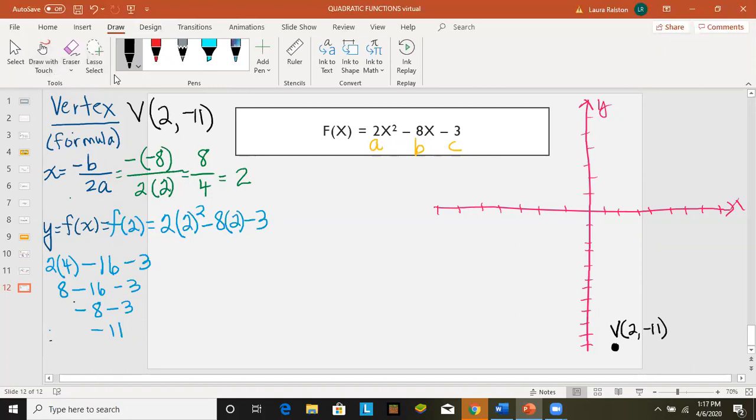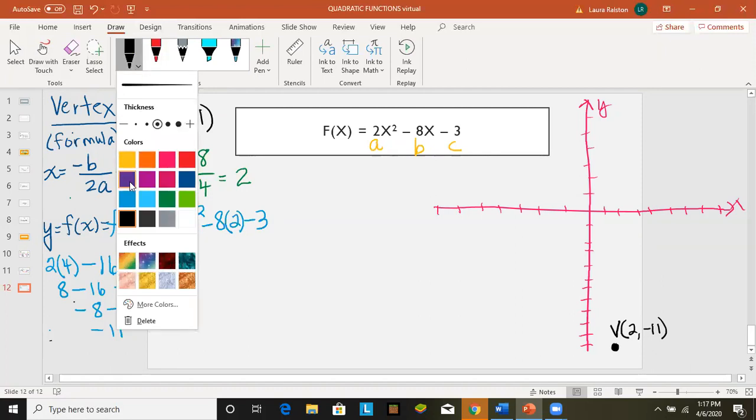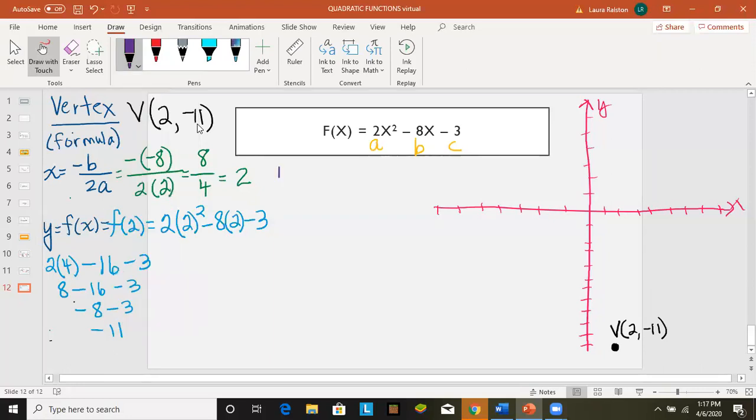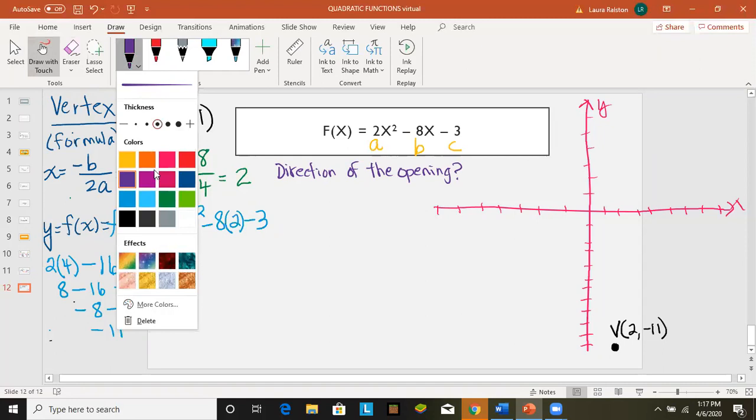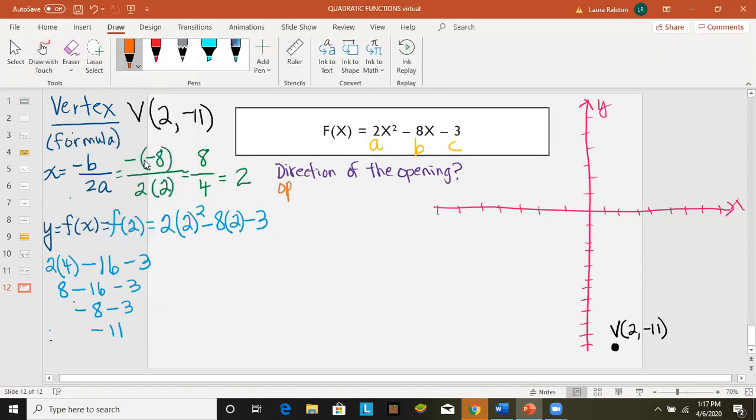Then I need to think about the direction of my opening, which we determine by looking at the sign of a. When I look at the sign of a, it is positive, and so that lets me know that overall my graph is going to open up.